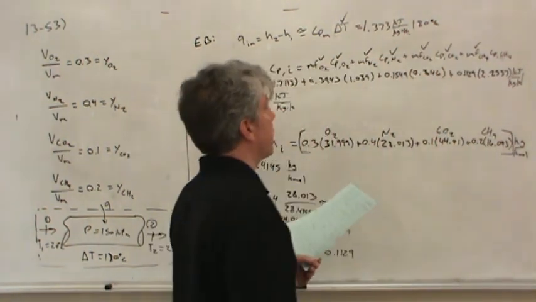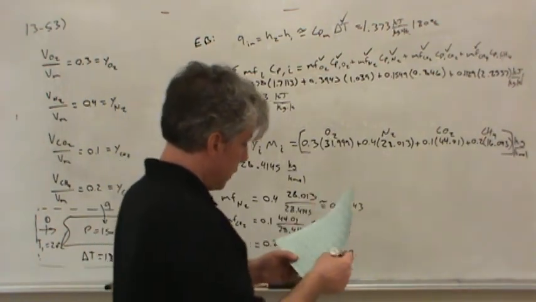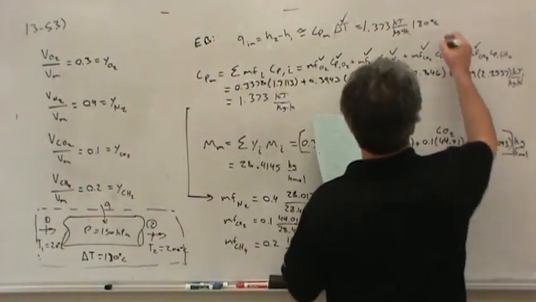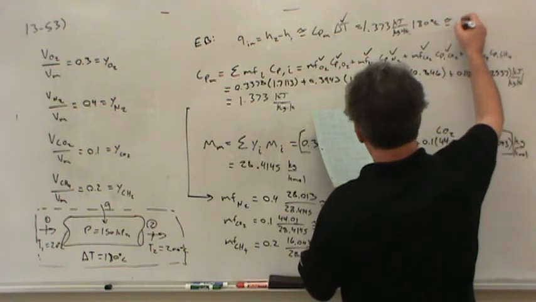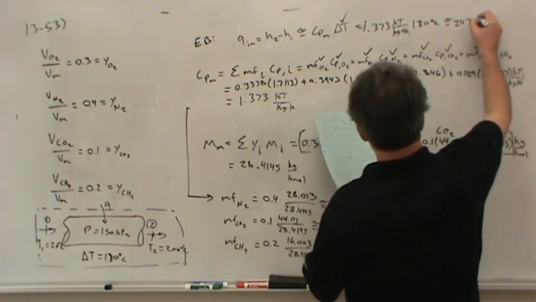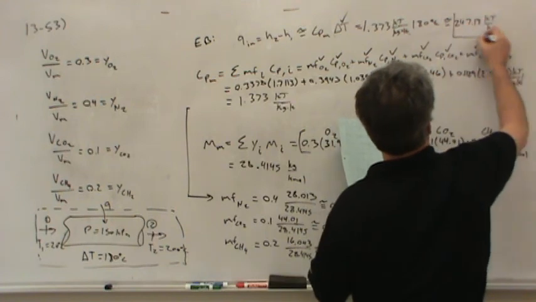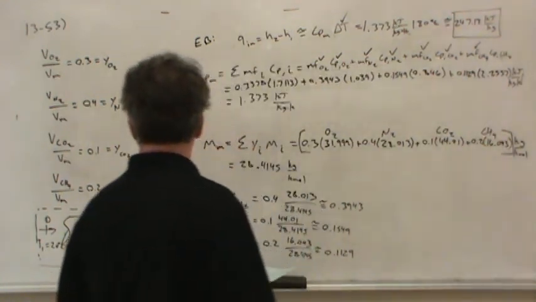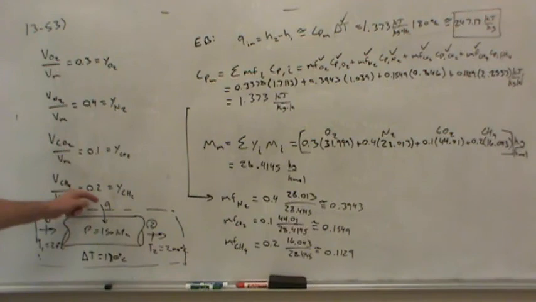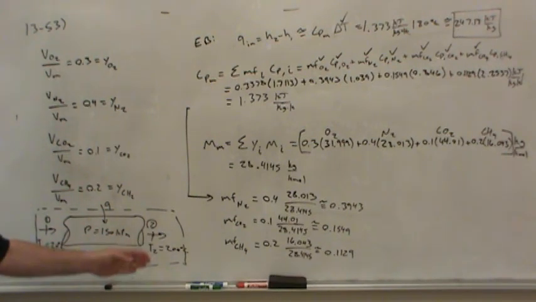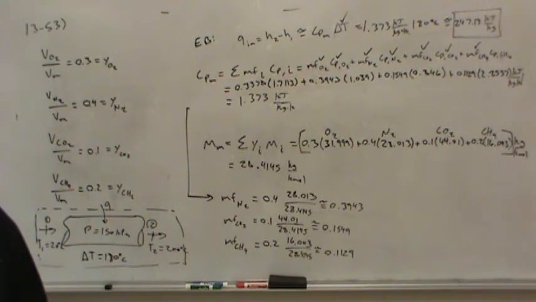It's a temperature difference, so that'll cancel just fine. Plugging all this in, this comes out to about 247.18 kilojoules per kilogram. So there's the heat transfer per unit mass required in order to heat this mixture from 20 degrees Celsius up to 200 degrees Celsius.